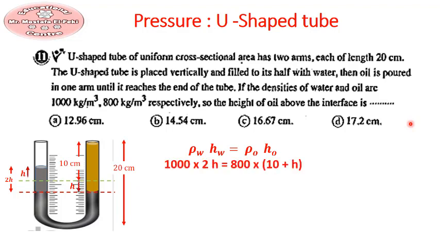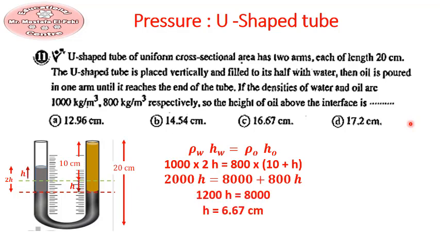Then the density of water times 2H, the total height of water, equals 800 times (10 plus H). Then the height is 6.67 centimeter. This is H only. Then the height of oil is 10 plus H, so the height is 16.67 centimeter.